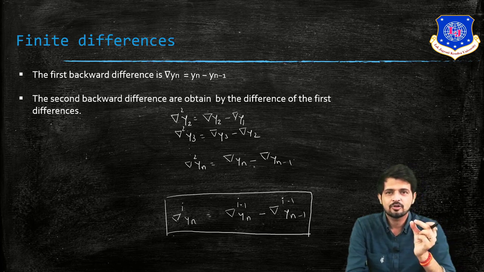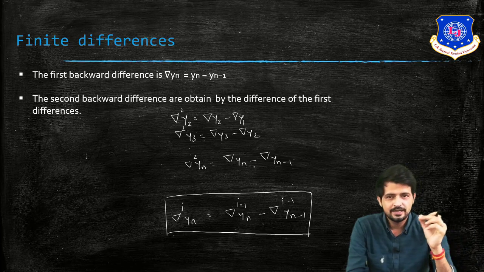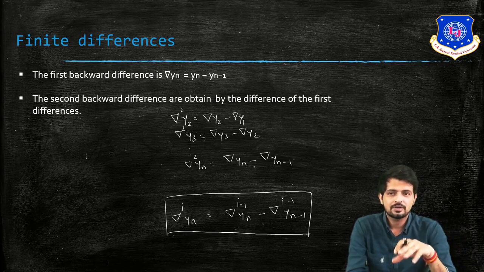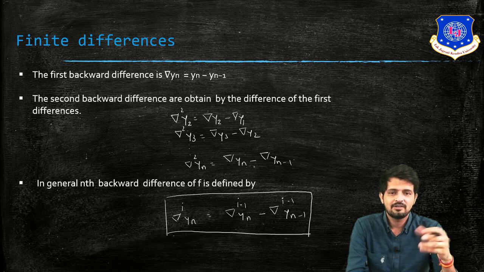If you are writing for y2, then it will start from y2. So if I am writing for nabla square y3, then it can be written as nabla y3 minus nabla y2. So in general, the formula for second order backward difference can be written as nabla yn minus nabla y(n-1).